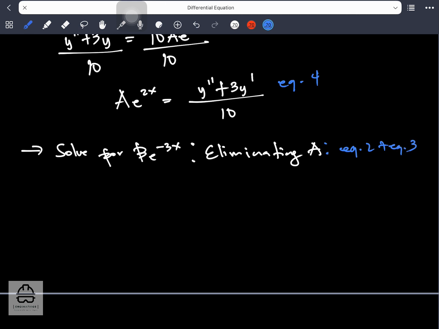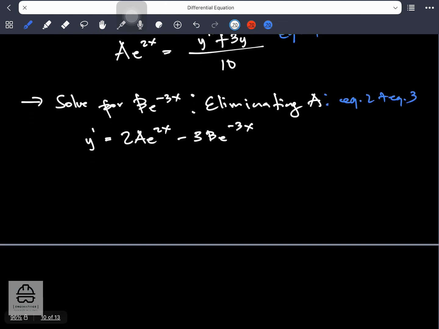Okay? Please take note of that. So, let's copy here. Our equation 2 is y prime is equal to 2ae raised to 2x minus 3be raised to negative 3x. Our equation 3 is y prime prime is equal to 4ae raised to 2x plus 9be raised to negative 3x. Okay?